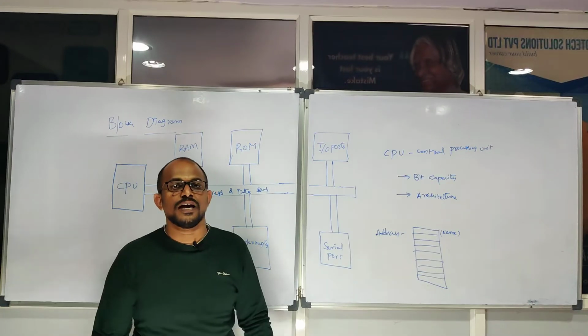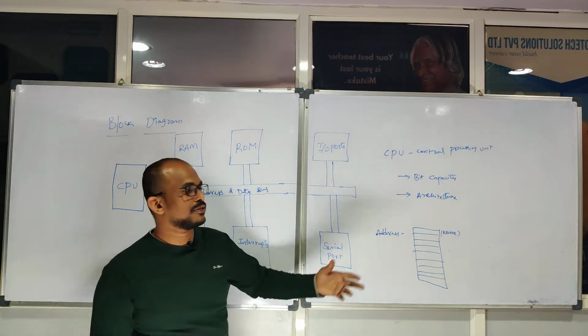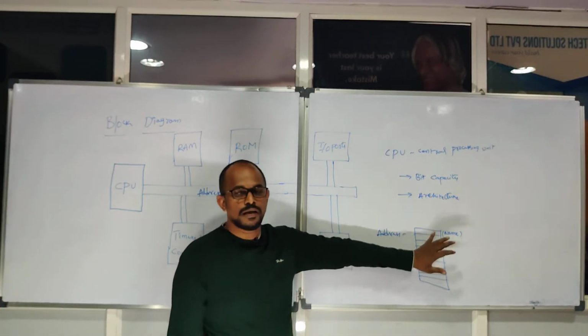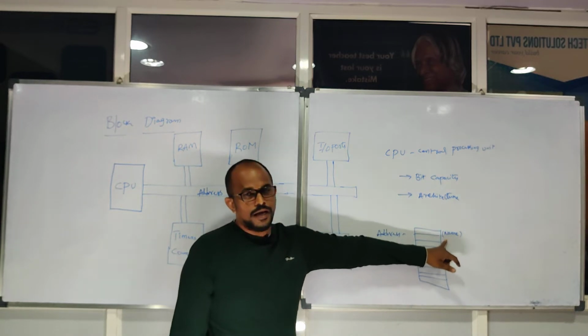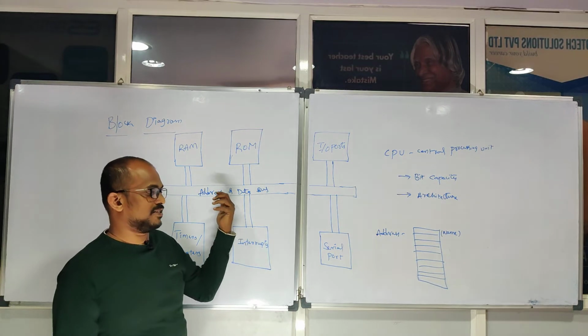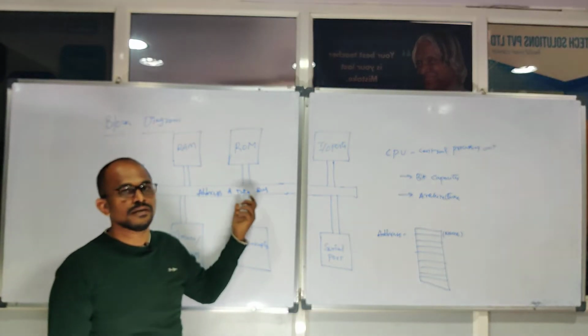So when someone is addressing, they are trying to call, they are trying to use that resource. The same way, every peripheral is connected with this CPU with the help of the address bus.